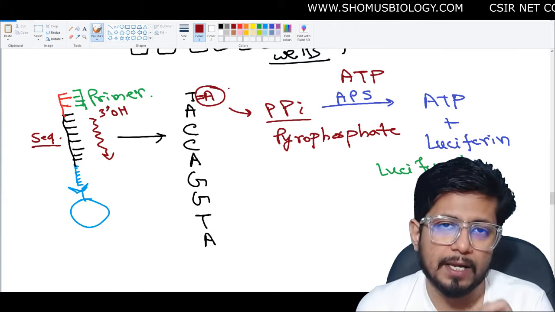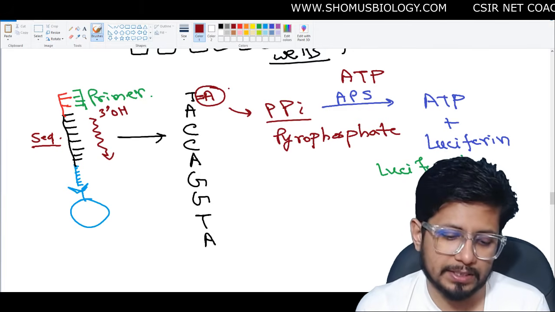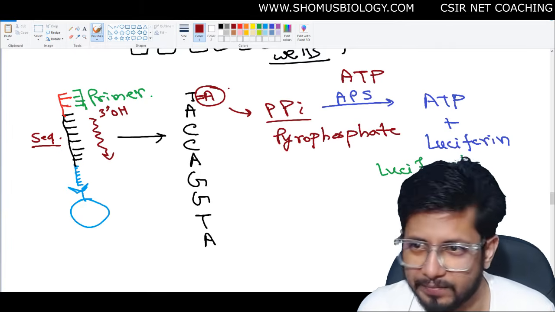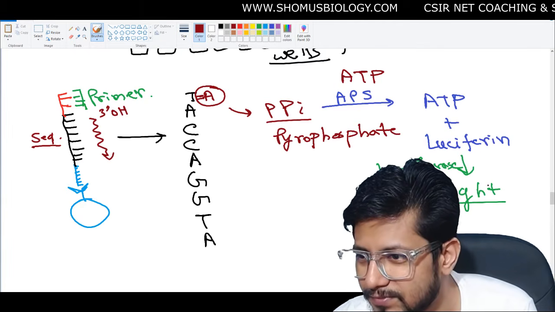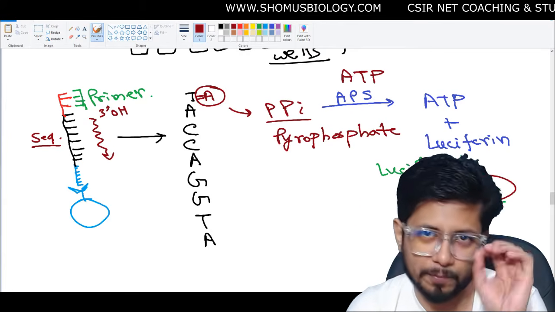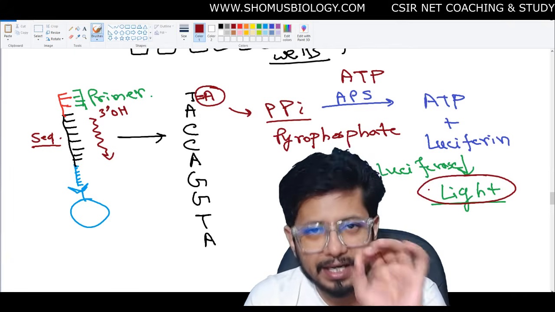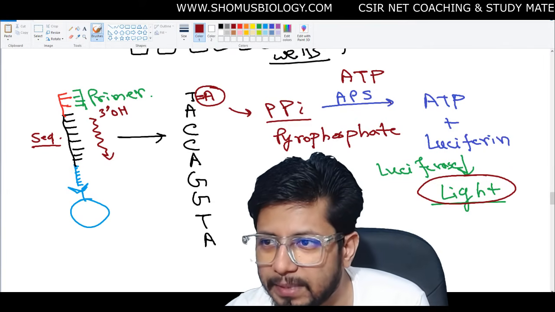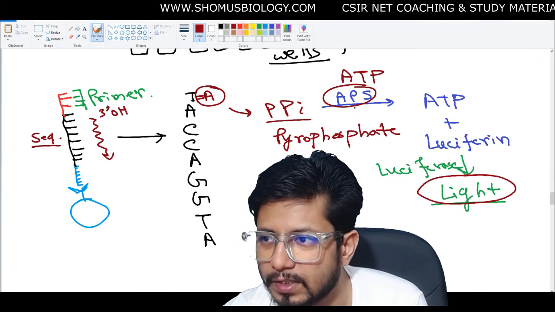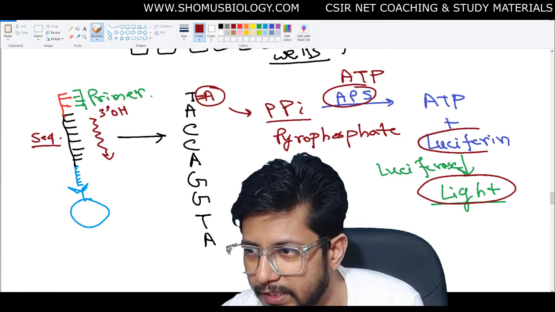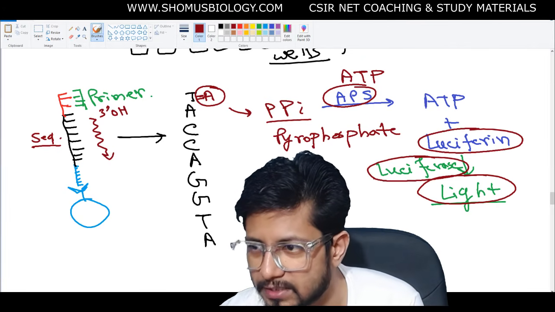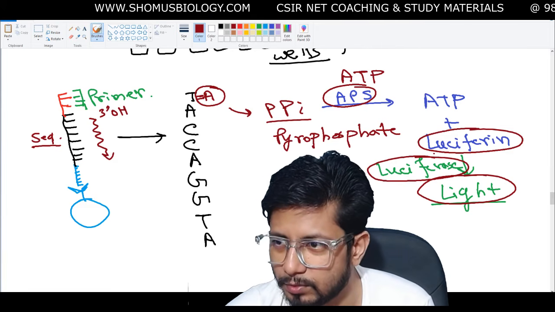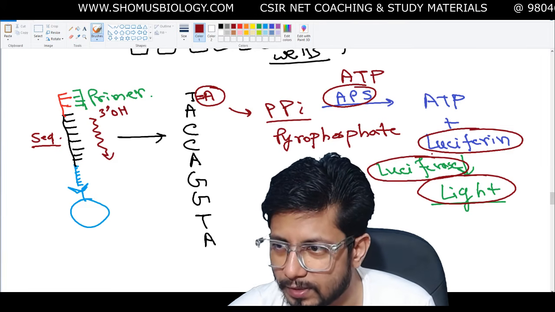So remember, inside the well, how many things that we provided. Remember I told you 454 pyrosequencing utilizes light and chemicals to give us the sequence of the DNA. Here comes the light. Light gives us a response to tell that yes, correct binding of nucleotide is done. But as a chemical, we need to give APS, we need to give luciferin, we need to give luciferase. All this we need to provide, right?